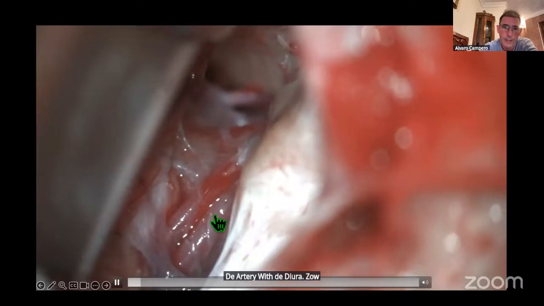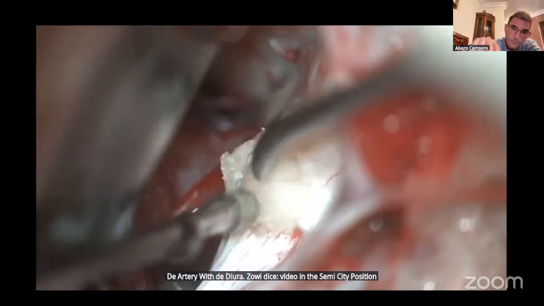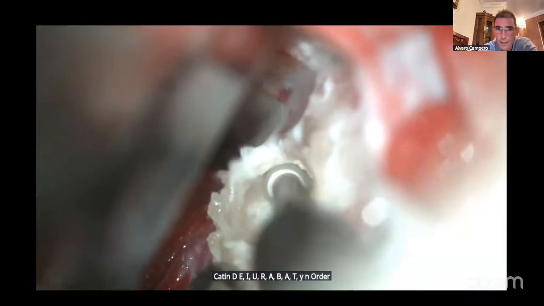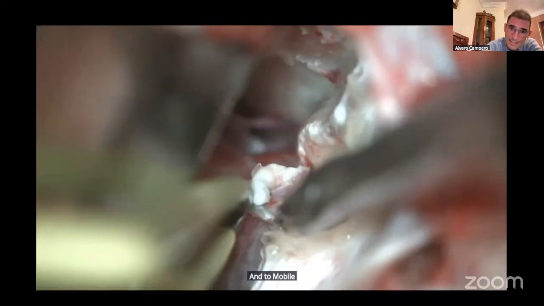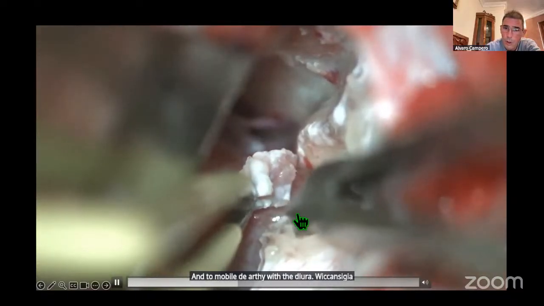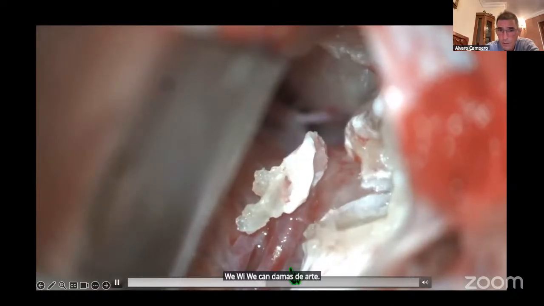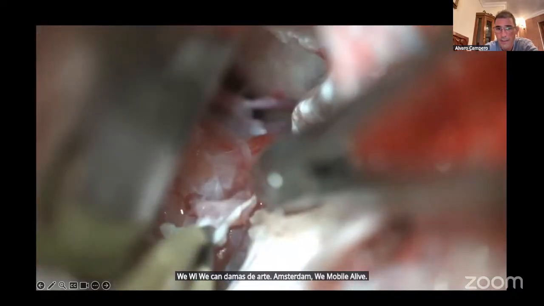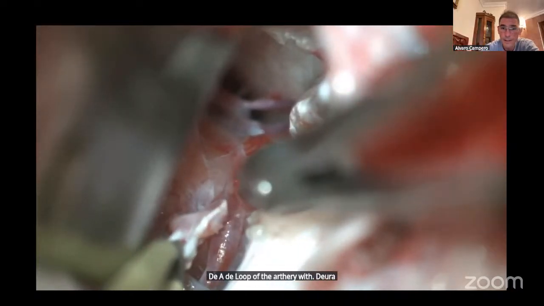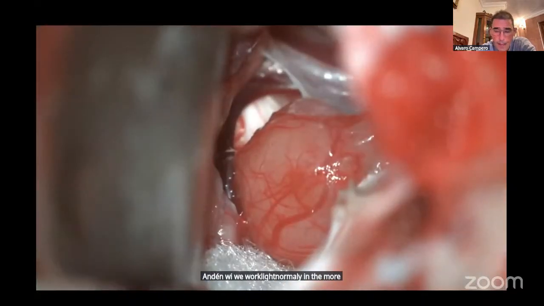So this is the video on the right side in the semi-sitting position. We are cutting the dura, but in order to drill and to mobilize the artery with the dura, as we can see here. Because if we don't drill, we can damage the artery. After that, we mobilize the loop of the artery with the dura below, and then we work normally on the tumor with the debulking and so on.